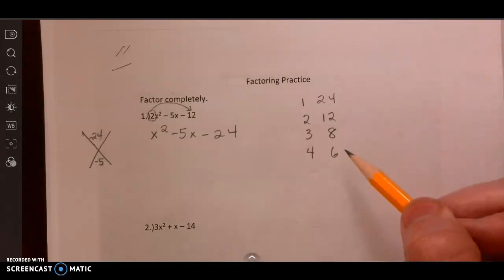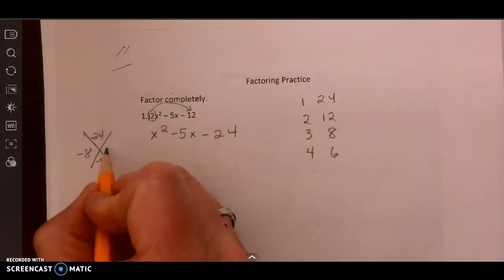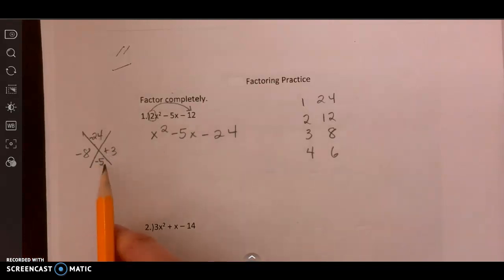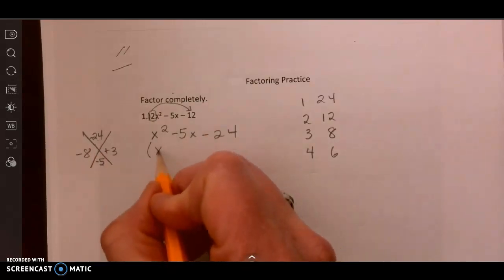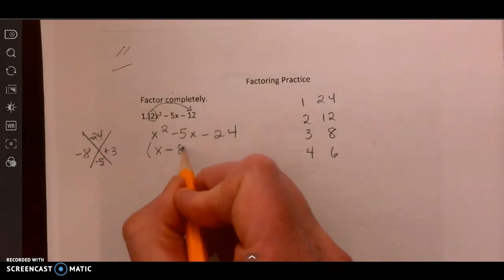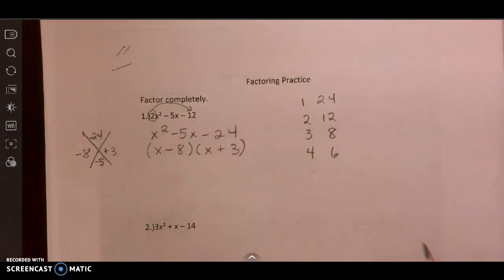So I need 2 of these factors that can add up to negative 5. I realize I could have negative 8 and positive 3. That would give me a sum of negative 5 and a product of negative 24. So my factors are going to be x minus 8 and x plus 3.